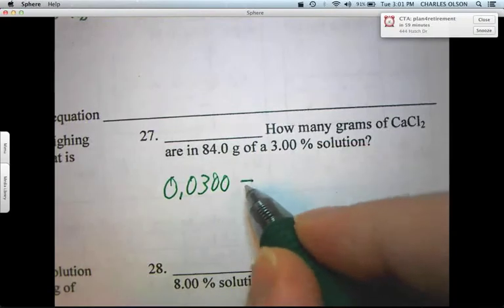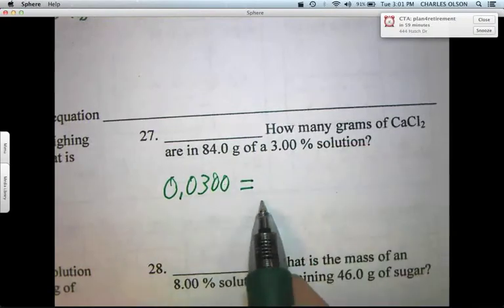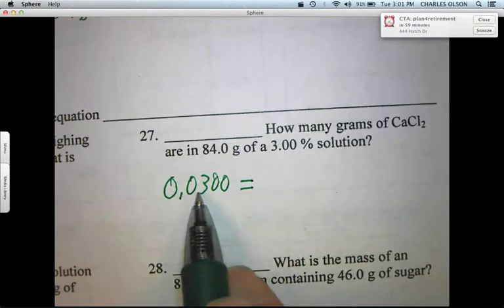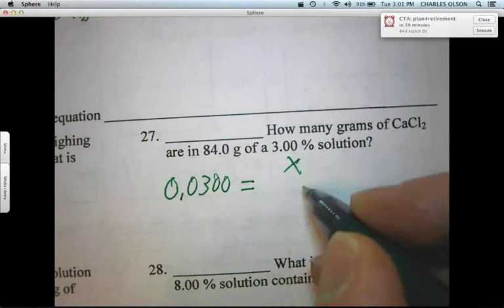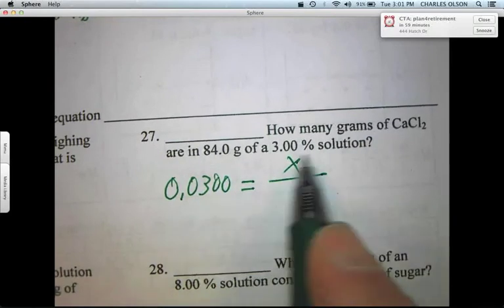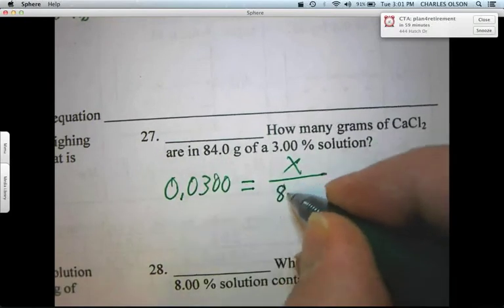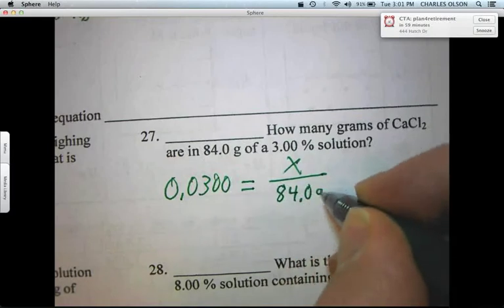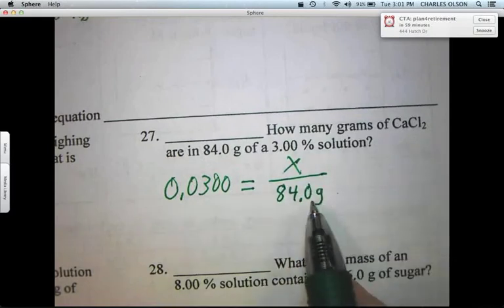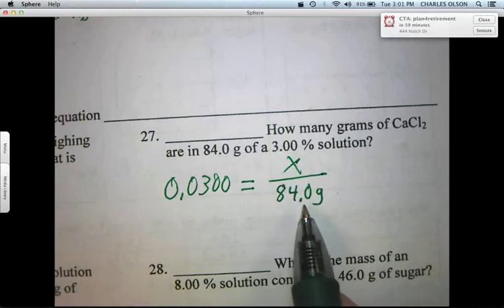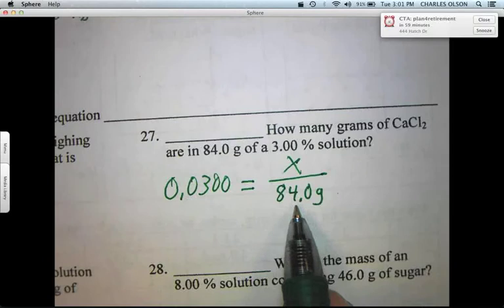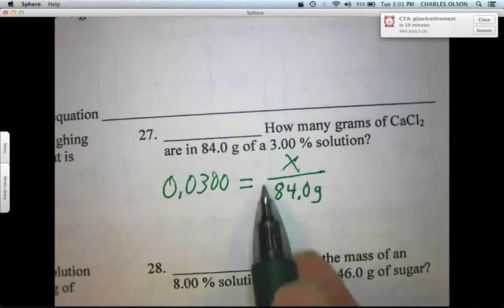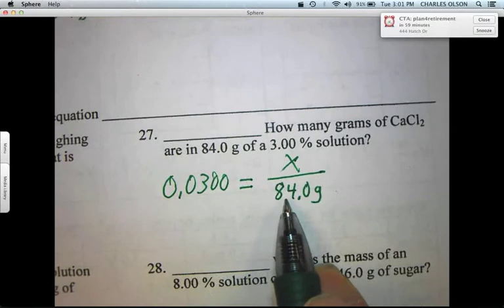And we know that that small number is the part over the whole. The part is the solute, and the whole is the amount of solution, which is the 84.0 grams. So, solving for x, we will get the amount of grams, which looks like it will be 3% of that, 2 or 3 grams, something like that. So eyeball your answer.